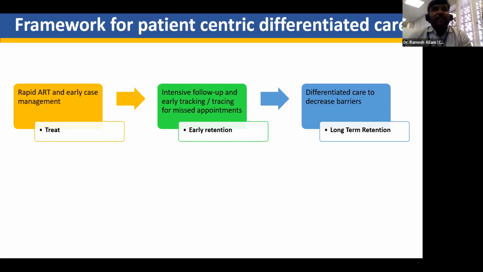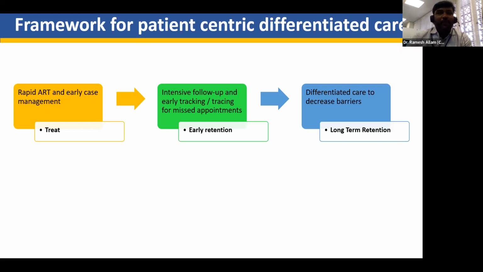Again, this is a framework for patient-centric differentiated care. During the first 6 months, rapid ART is what we talk of, and during the first 6 months we want to retain them. That's called early retention. And long-term retention is once you initiate ART, after 6 months you think about differentiated care to decrease barriers in these people.